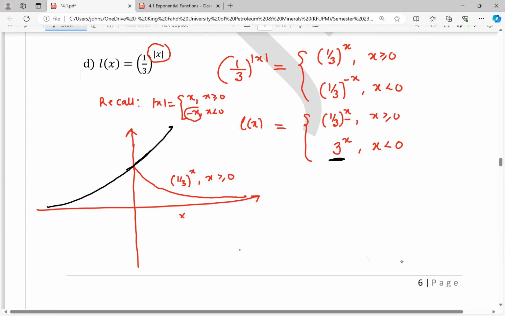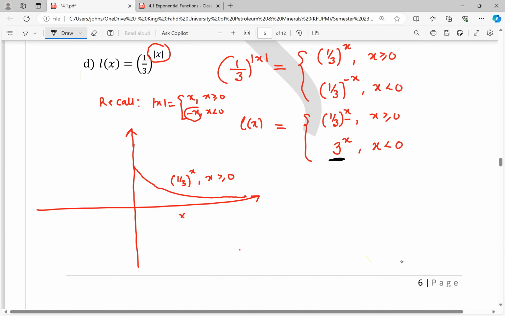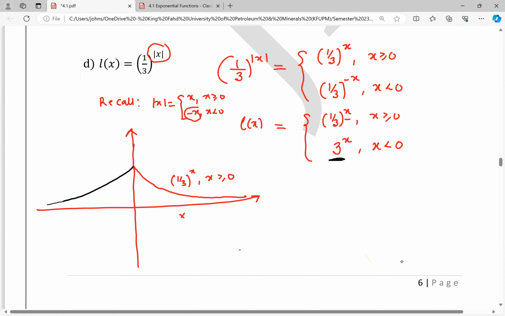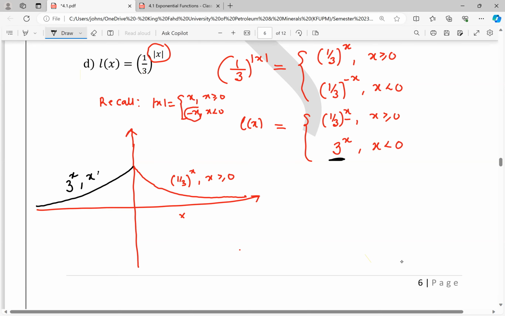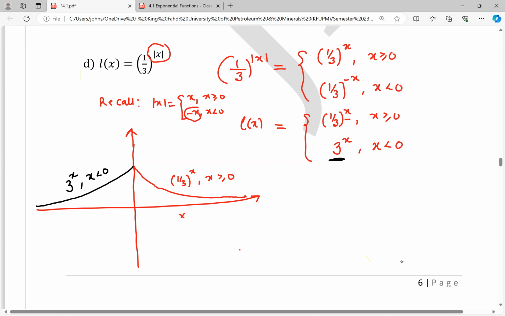So you have to remove every part that crosses 0. It's just going to be this part. So this part is 3 to power x when x is less than 0. This is just the two pieces, but the whole thing together is the graph of 1 over 3 to absolute value of x.